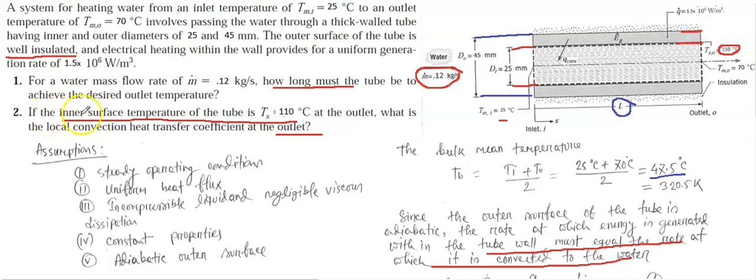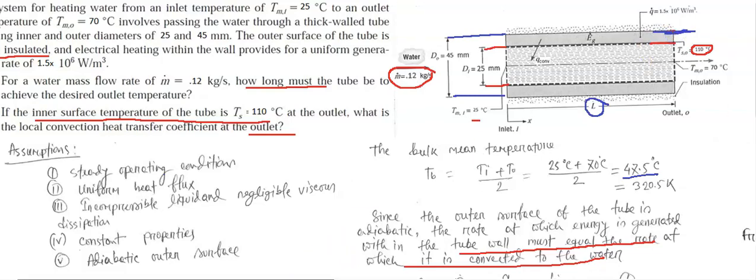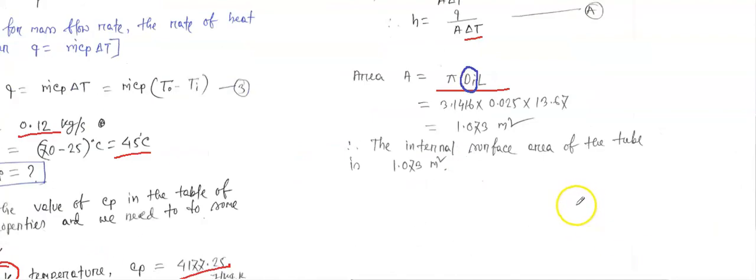It says if the inner surface temperature of the tube is this, what is the local convection heat transfer coefficient at the outlet? So you know the inner surface temperature here, and you need to calculate the local heat transfer coefficient for that temperature. So that's why we're using this one. We're not considering the outer diameter. As we're dealing with the inner surface, we are using the inner diameter.